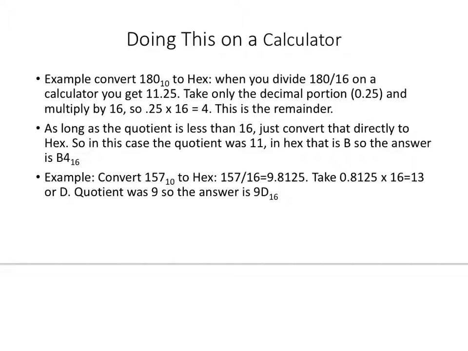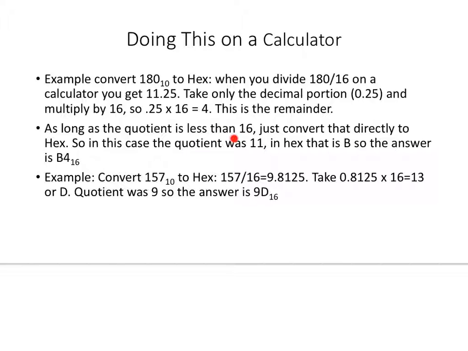You don't get a quotient and a remainder. You get this as the quotient, the 11, and this is in fractional or decimal form. So if you just take that 0.25 and multiply that by 16, that'll give you the actual remainder. So the remainder is 4, okay?